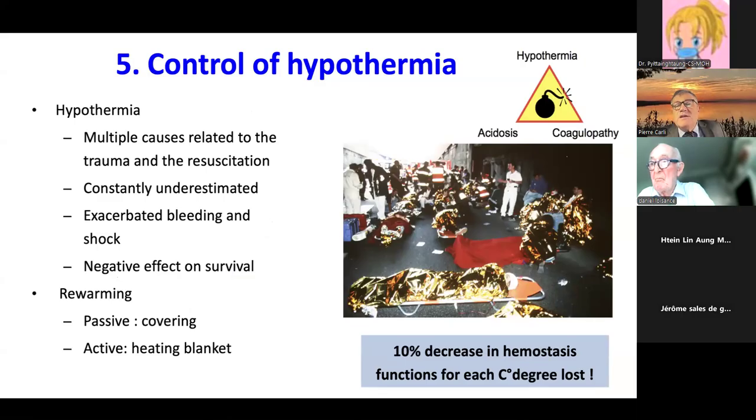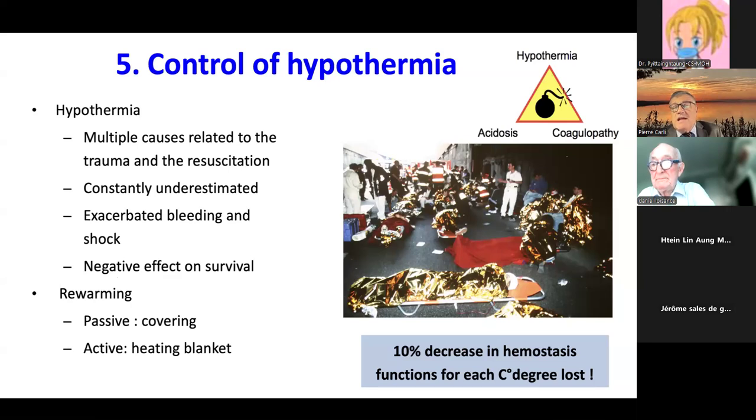Next point is hypothermia. Probably hypothermia is something that is constantly underestimated. It's incredible, but it's constantly underestimated. So taking care of the patient, using special blankets, possibility of making the patient not lose temperature is extremely important also.